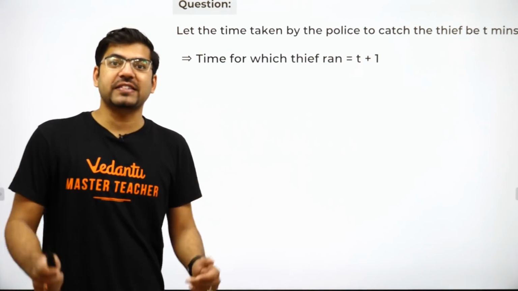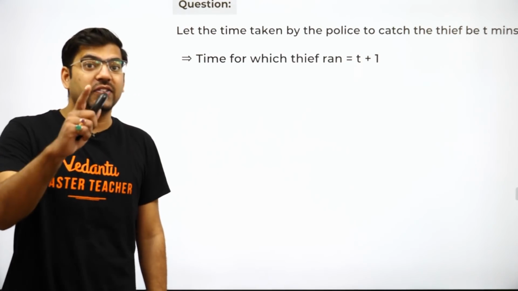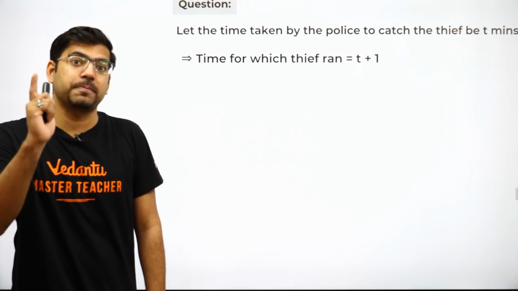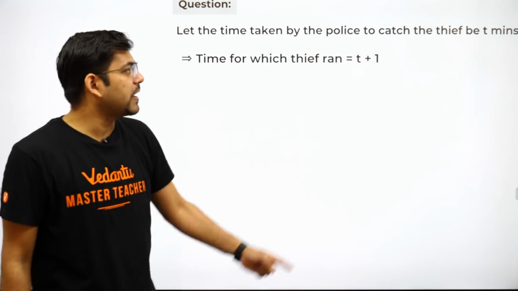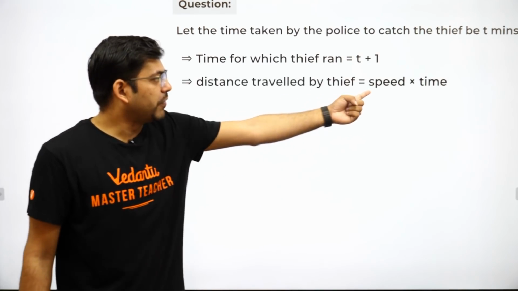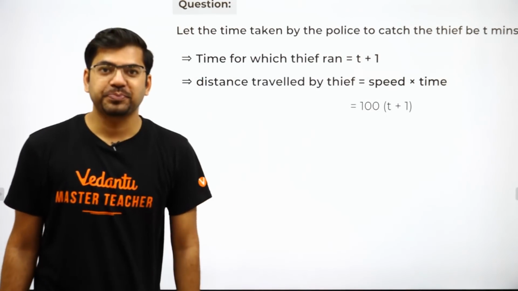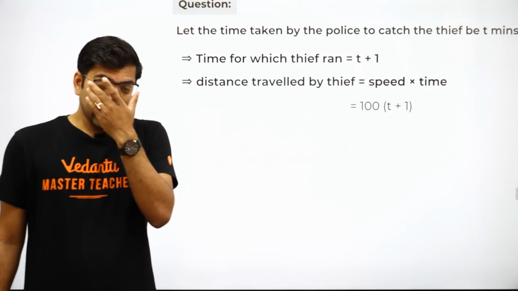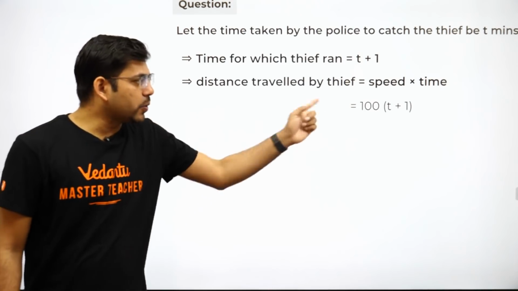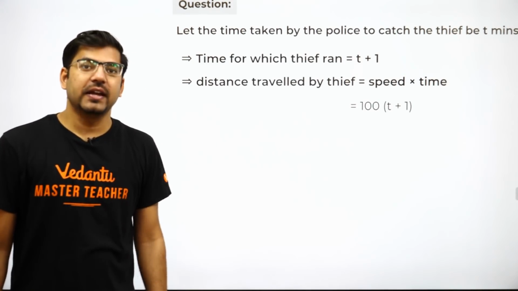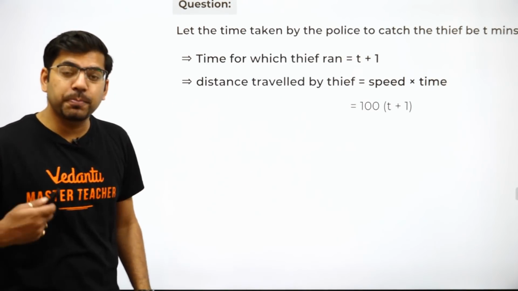Now if the thief has run for t plus 1 minutes and the thief's speed is 100 meters per minute, then in t plus 1 minutes, how far will he go? With the formula of speed into time, it will be 100 into (t plus 1). So now the thief will run 100 into (t plus 1) meters, and the police, how much will the police run?